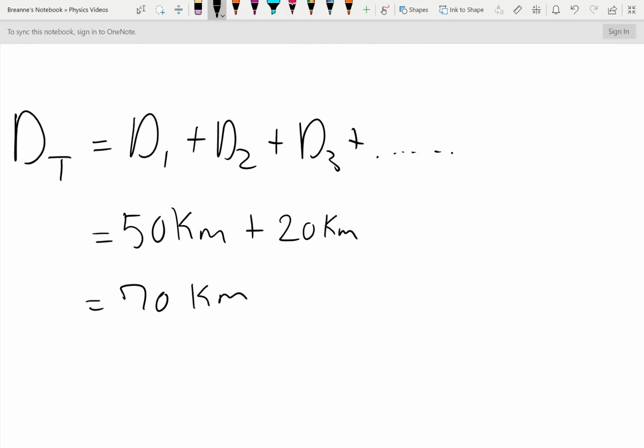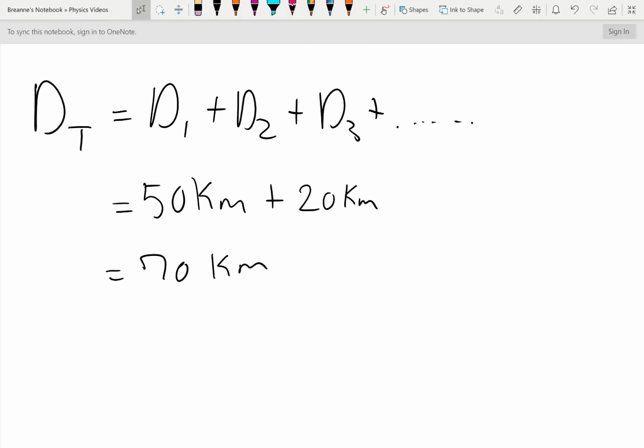If you wanted to, remember from unit 1, we don't like kilometers. We like meters. So we would need to convert that. Kilometers is 3, meters is 0, so we get a positive 3. So that basically equals 70 times 10 to the third meters.